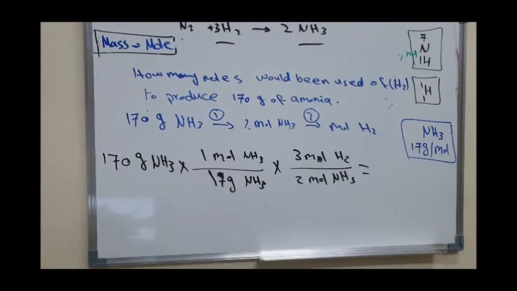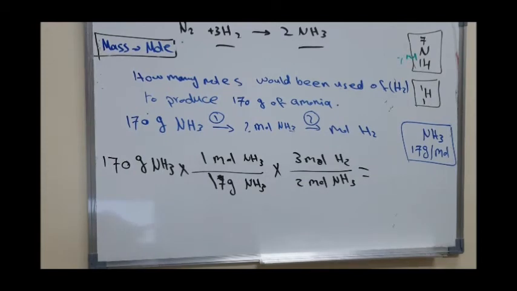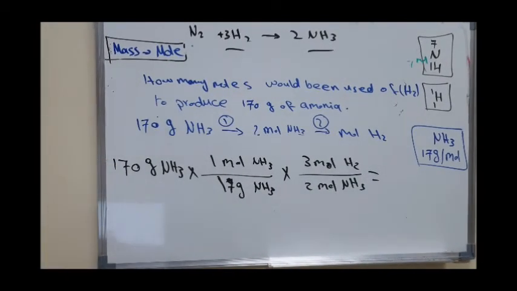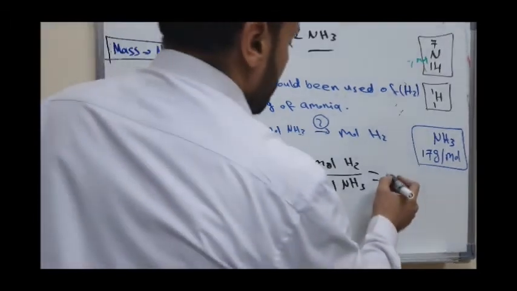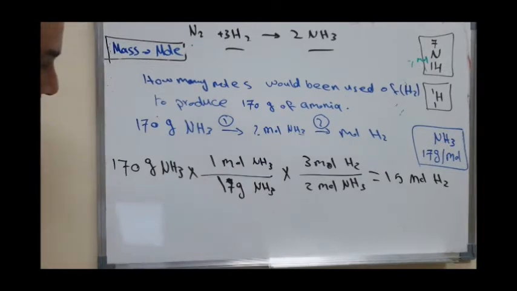We have 170 grams of ammonia, and we want to convert it to the number of moles of hydrogen. So it will be 15 moles of hydrogen.